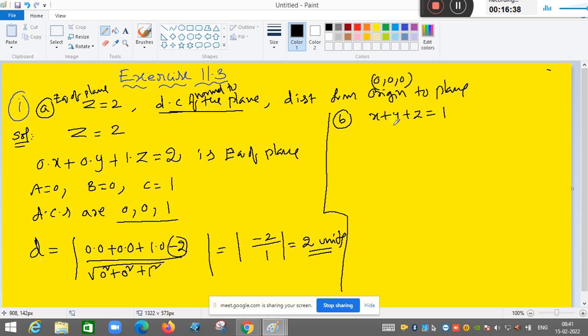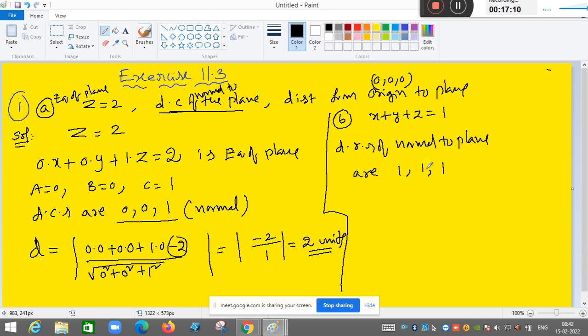These are direction ratios of the normal to the plane. Why are these direction ratios and not direction cosines?